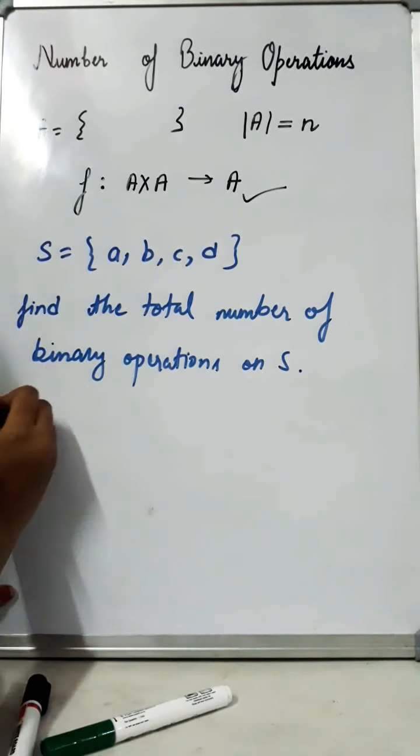You very well know that binary operations are the total number of functions. So the total number of binary operations is 4 to the power 16.